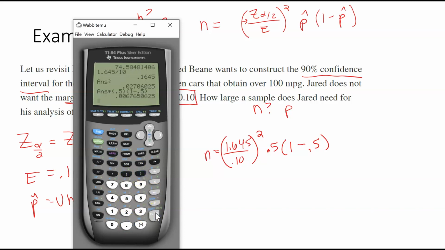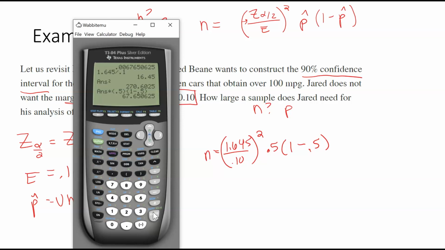So we get n is equal to, oops, I made a mistake, and I see it right there. I did 10 instead of 0.10, and I know that because I know he needs more. So let me start at the beginning. 1.645, I did divided by 10. It needs to be divided by 0.10 squared, there we go, times 0.5 times 1 minus 0.5.